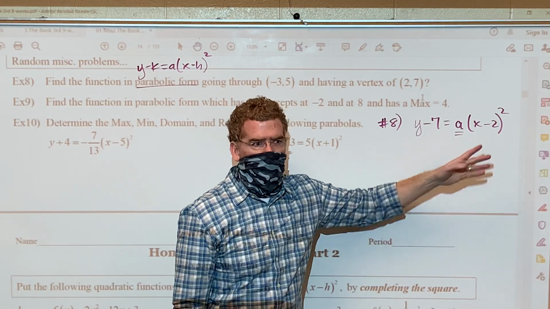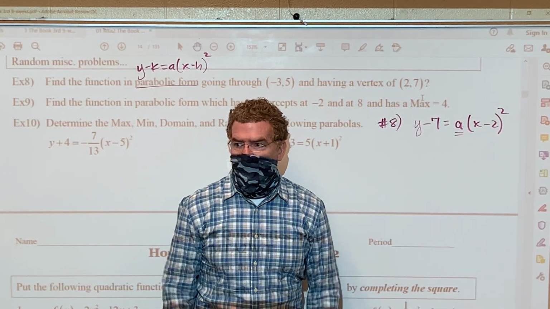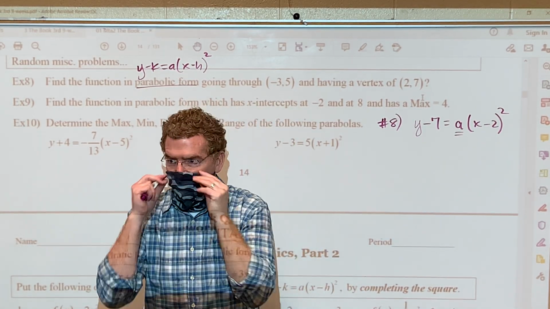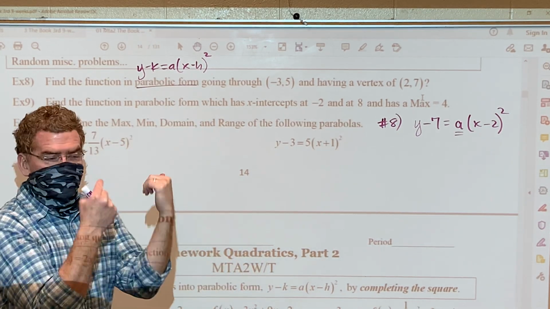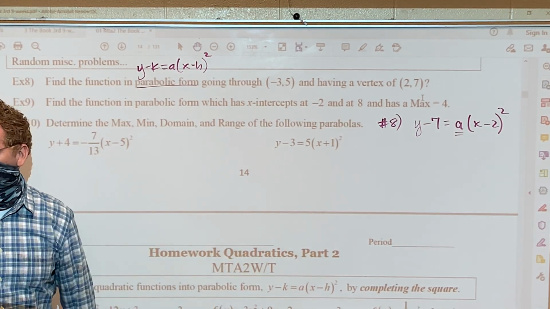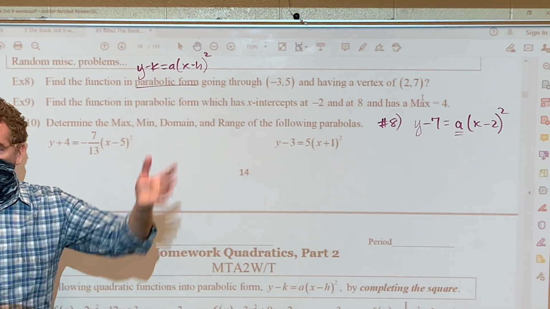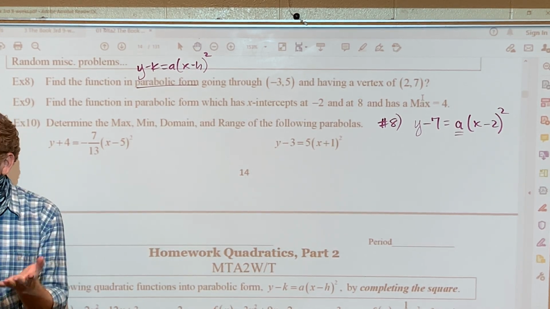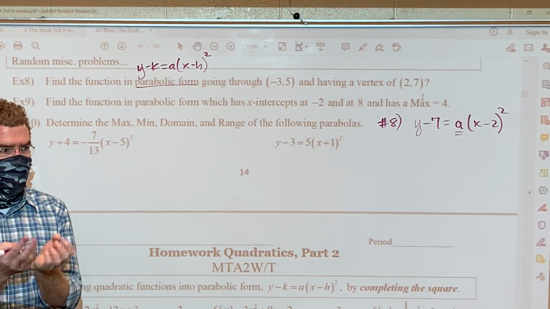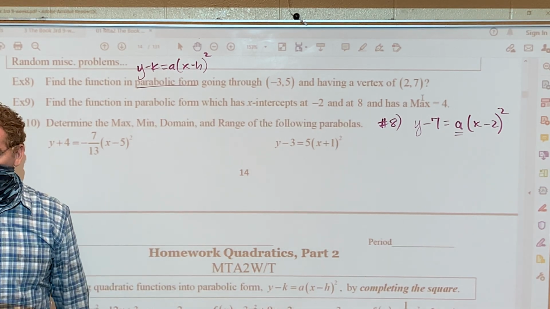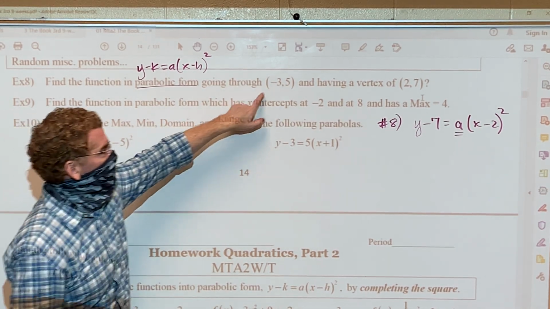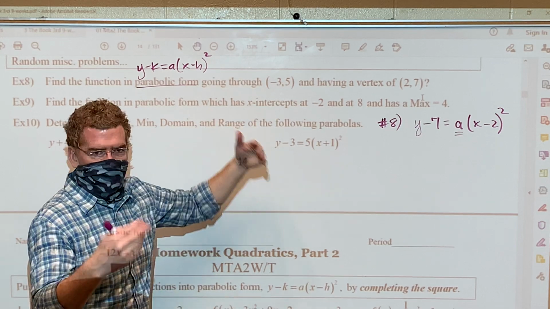It lets me solve for a. And any point that's actually on this exact parabola will give me the same a value. Because the a value is what controls the behavior, right? The sign of it controls up or down. The size of it controls the shape of it. So as long as I give you a point that's on this one, I'm going to get the same a.